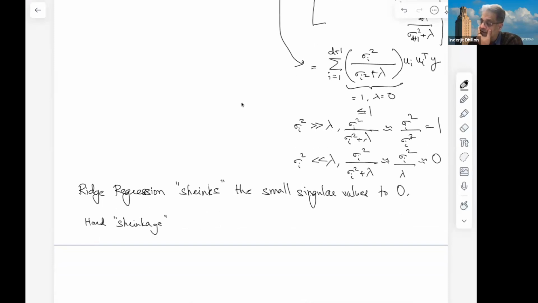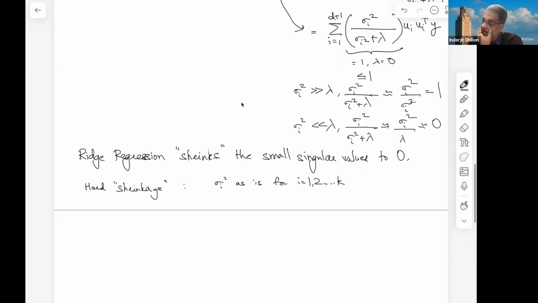What if I had said that I'll take the sigma i square as is for i equal to 1 through, let's say, k, and then I will take sigma i square and replace it by 0 for i equal to k plus 1 through d plus 1.